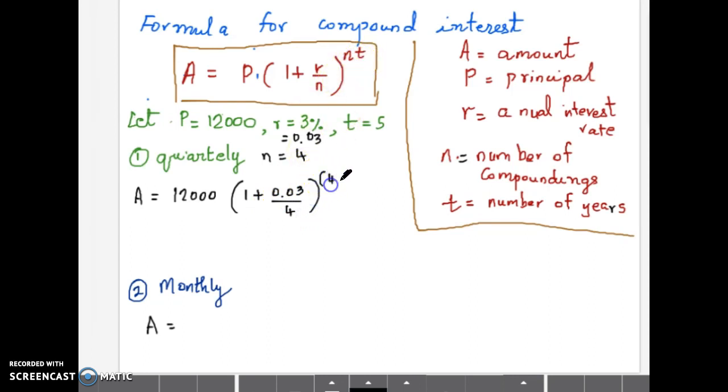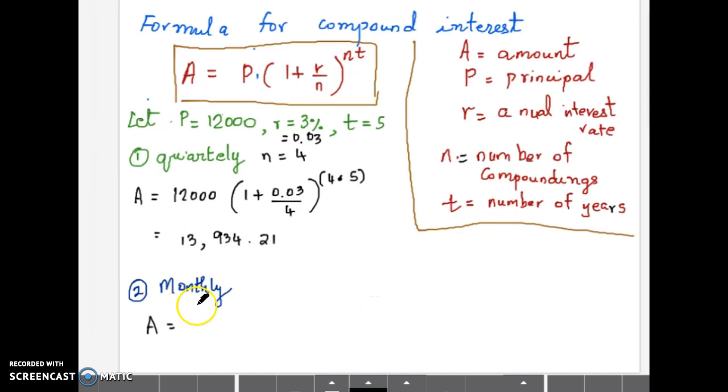N is 4 times t is 5. So we have to put that in the calculator, just like that. And you get your answer as 13,934.21.